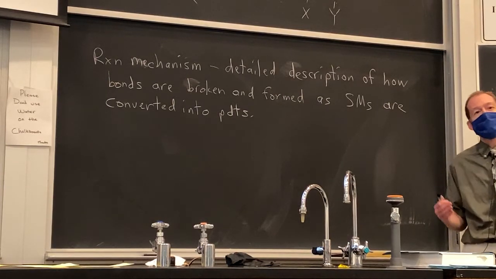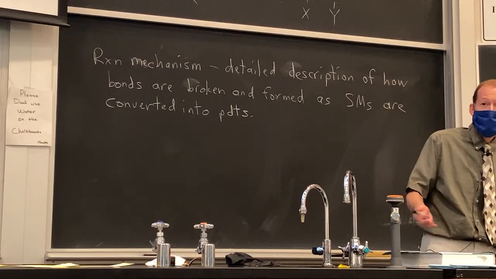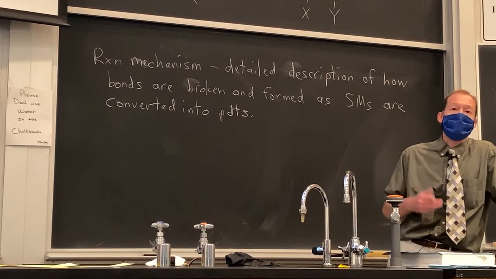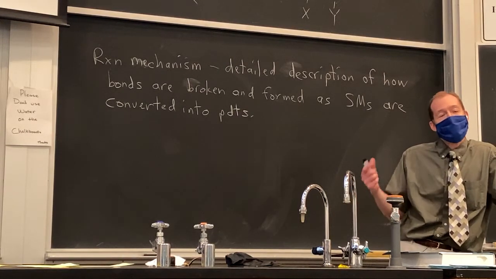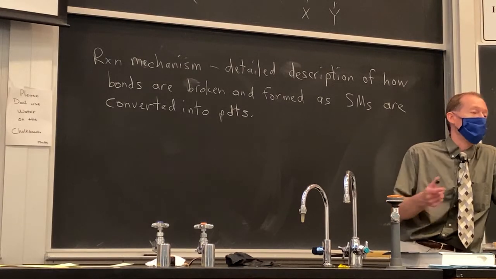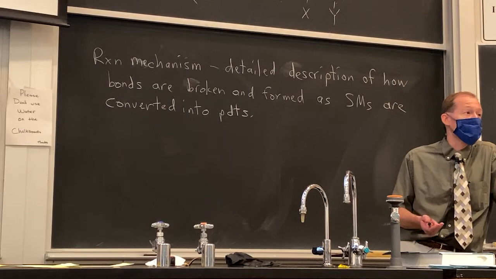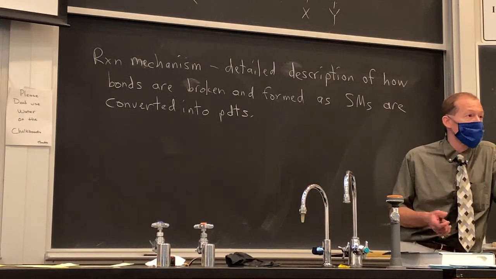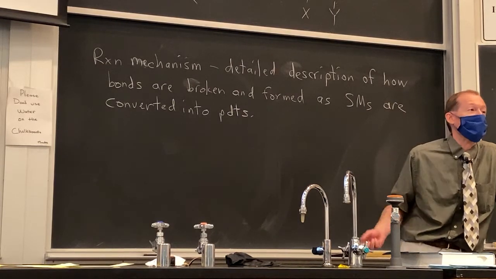If a reaction mechanism is not consistent with all the available data, then it's not accurate. Okay? So many times a reaction mechanism is proposed, and then additional experiments are conducted, and that reaction mechanism is modified as a result. Okay? But in this class, the reactions we'll be studying are generally well-known reactions, and the reaction mechanisms are well accepted. They've stood the test of time. Okay?